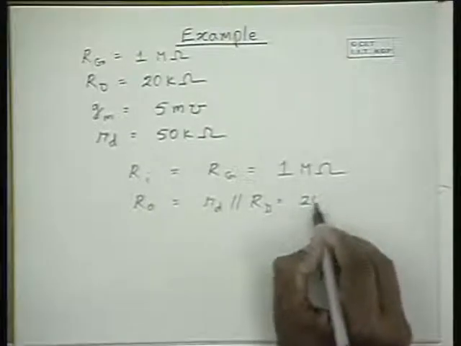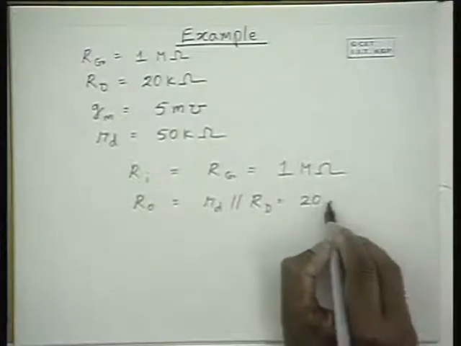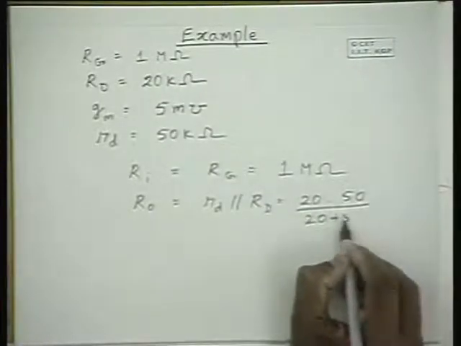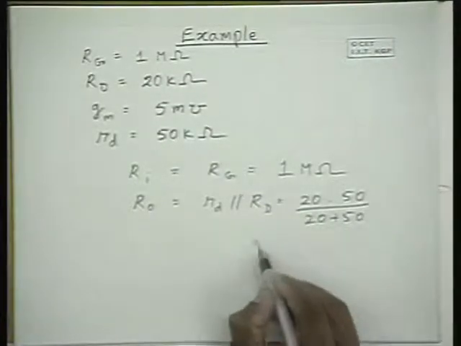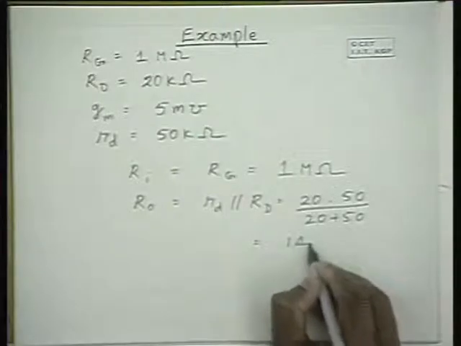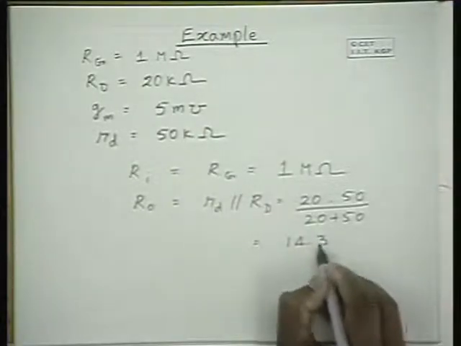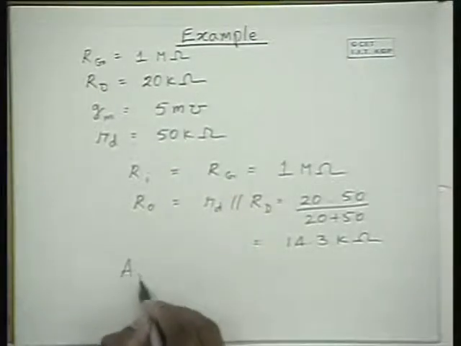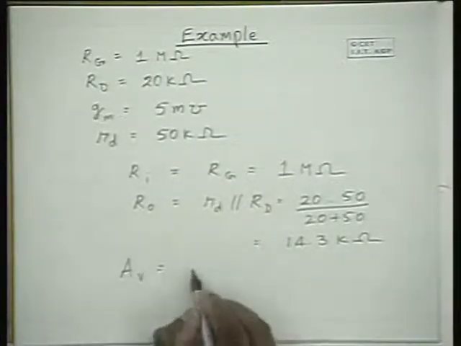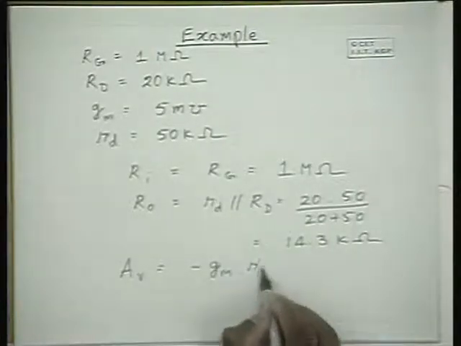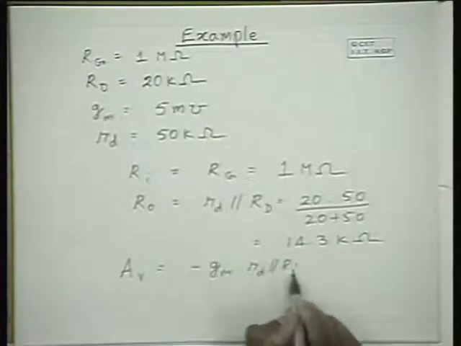So that is 20 in parallel with 50 kilo ohms, that is 20 into 50 by 20 plus 50, which is equal to 14.3 kilo ohms approximately.